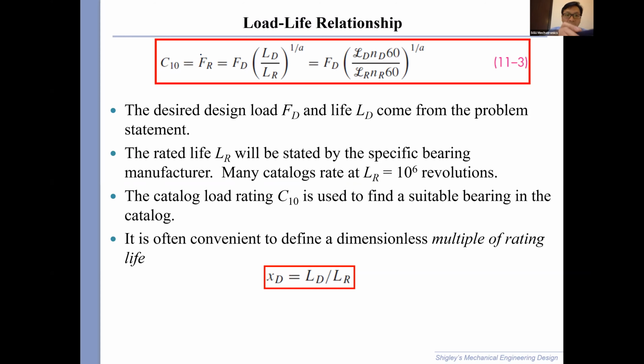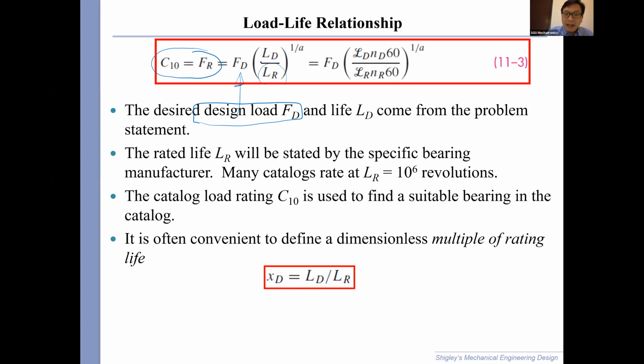FR and C10 are the same. FR is for rated life, C10 is the catalog load rating. FD is the design load, the actual load.